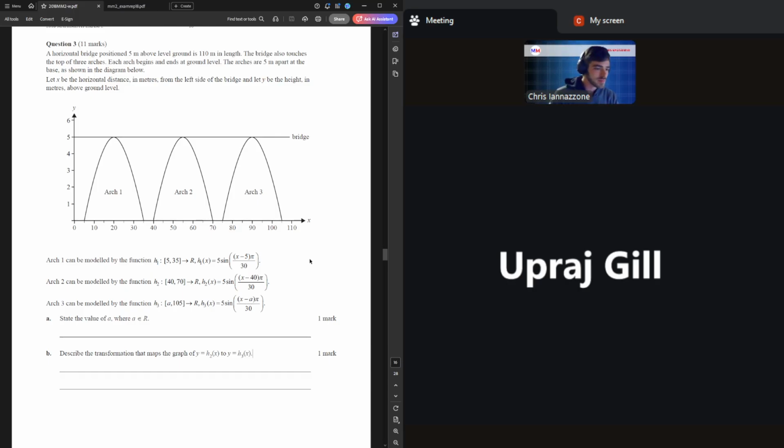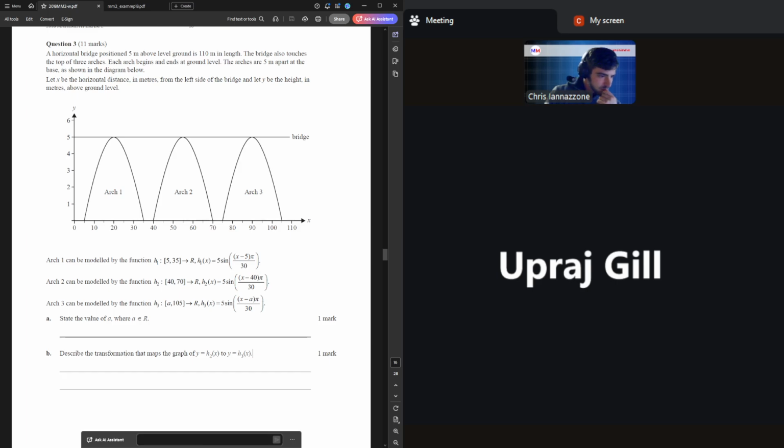How do we get from H2 to H3? How do we perfectly map that onto each other? Shift in the negative horizontal direction by 35 units.